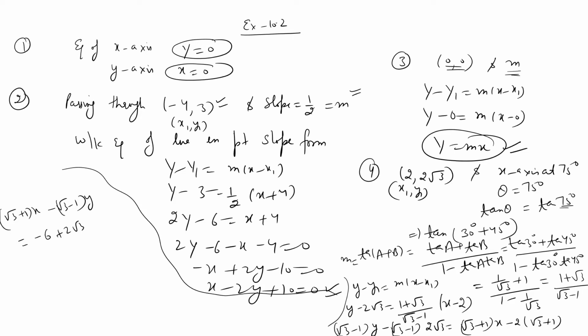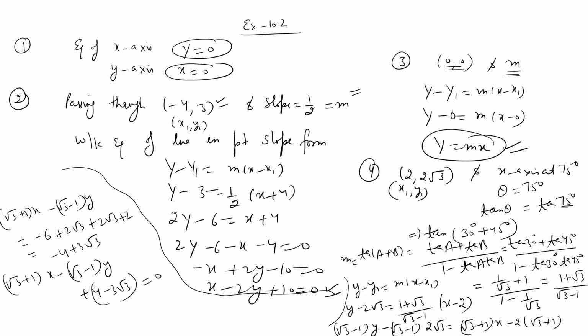Bringing this to the other side, it will be plus 2 root 3, and then the minus 2 will go to that side as plus 2. So the right hand side will be minus 4 plus 3 root 3. So the equation will be (root 3 plus 1) times x minus (root 3 minus 1) times y. Or if you want to take it to the other side, then it will be plus 4 minus 3 root 3 is equal to 0.